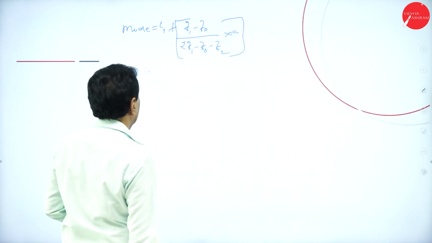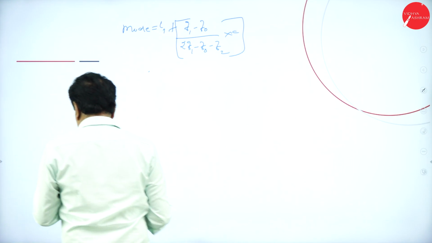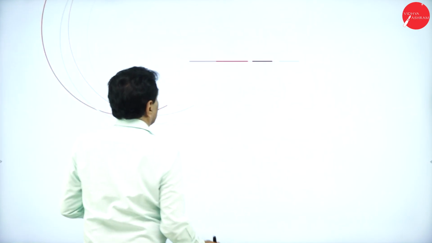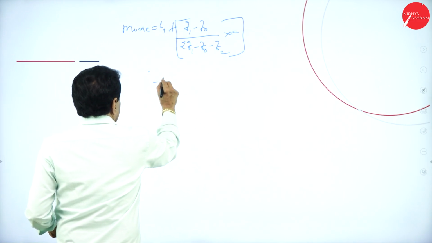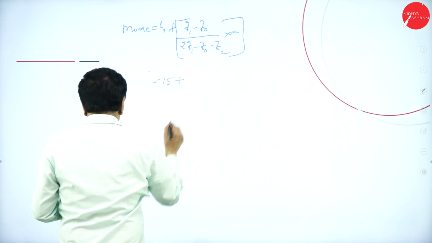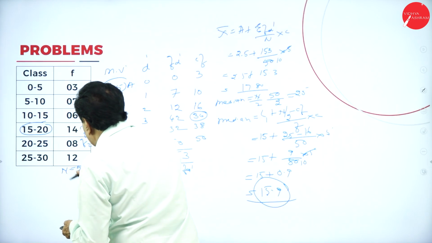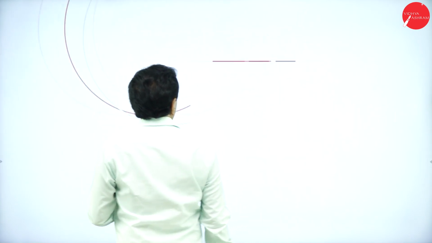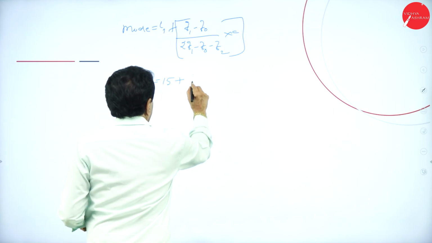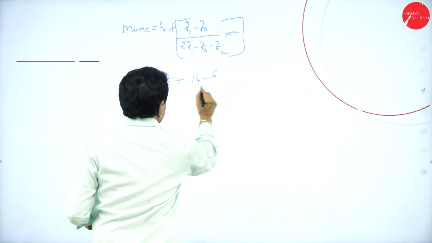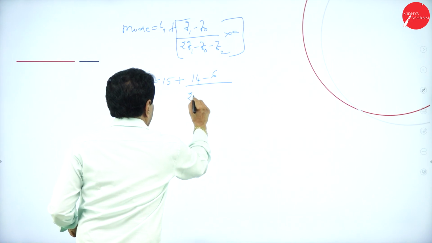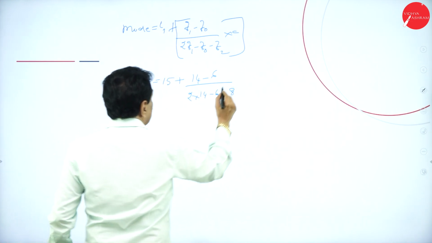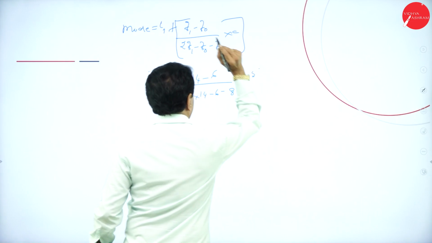Apply now. What's your L1, which is the lower limit? 15. Apply that. Which is the highest frequency? 14. Behind is 6. Next is F2, 8. 14 minus 6 divided by 2 into 14 minus 6 minus 8. Your class interval is 5.